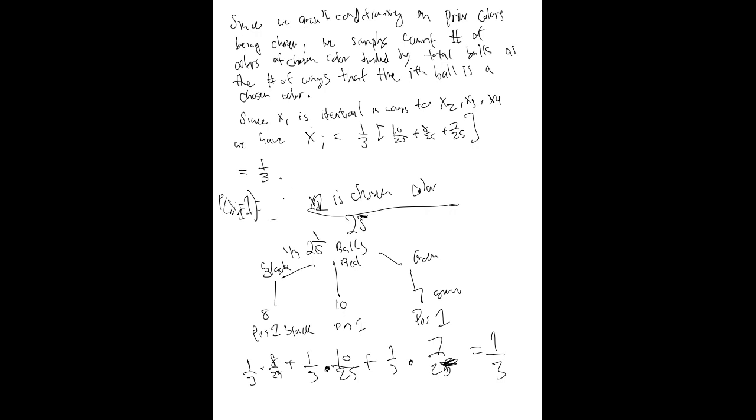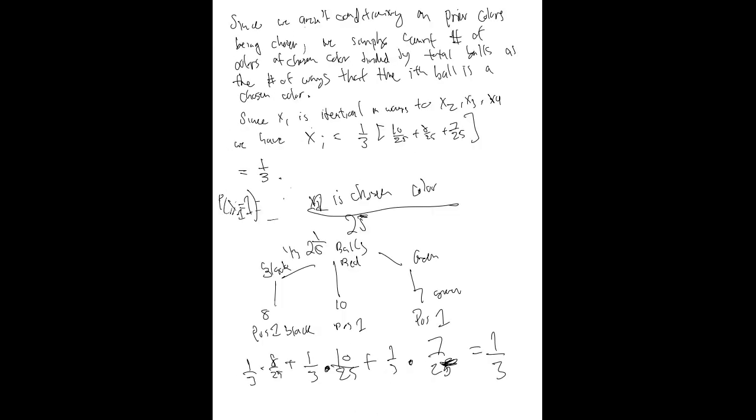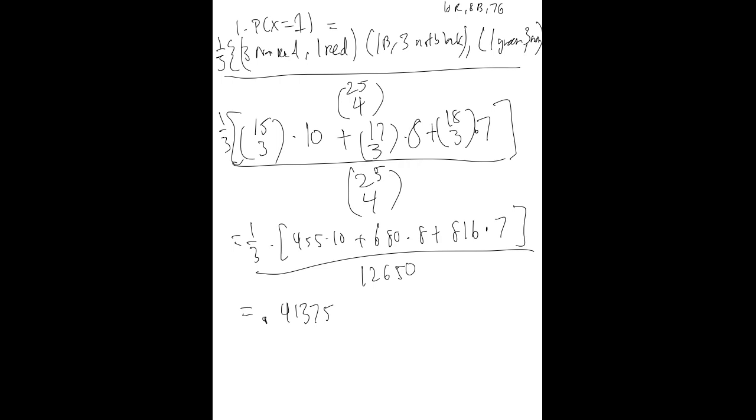Okay, so part C is find the expectation of x. The expectation is the sum of the weighted averages of all the values you can take, so from x equals 0 to x equals 4. Similar to how we calculated x equals 0, we're taking combinations.